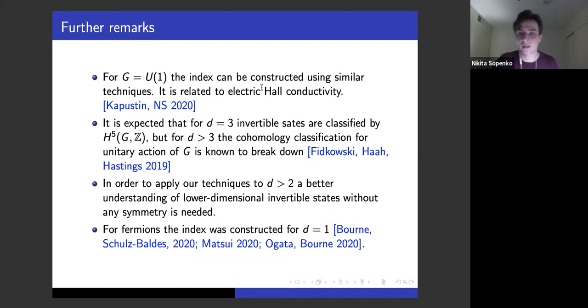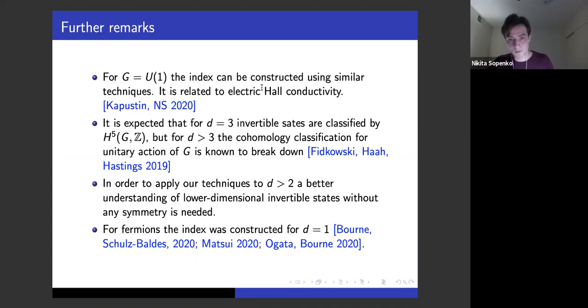But in high dimensions, one natural guess is that this cohomology classification should hold in any dimension. But we know that in dimension higher than 3, this classification by unitary action of the group by group cohomology already breaks down. There is some counterexample, and it is believed that these phases are classified by a cobordism group, which comes from the Freed-Hopkins result. But it would be nice to actually get it from lattice systems.